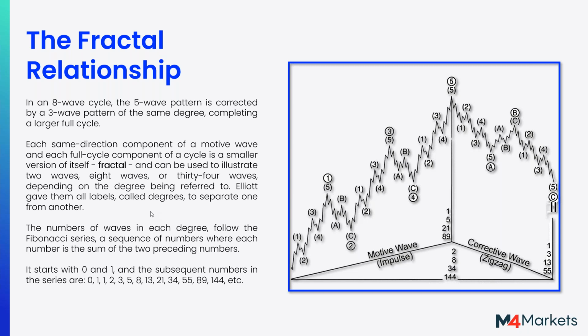The numbers of waves in each degree follow the Fibonacci series, and this is where things are getting a bit more juicy and interesting, which is a sequence of numbers where each number is the sum of the 2 preceding numbers. For example, it starts from 0 and 1, and the subsequent numbers in the series are 1 and 2 and 3 and 5 and 8 and 13 and 21, and it goes on and on. Okay, so these are also the number of waves that we have in different cycles.